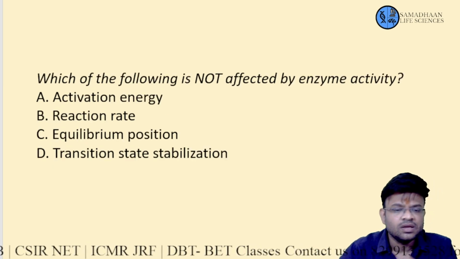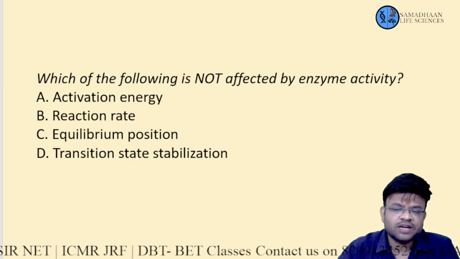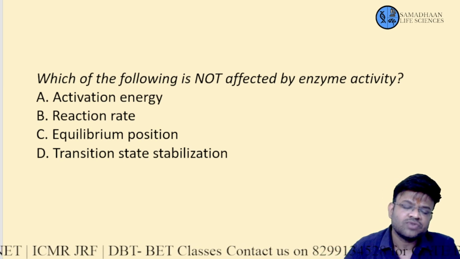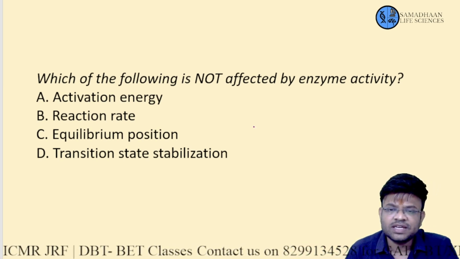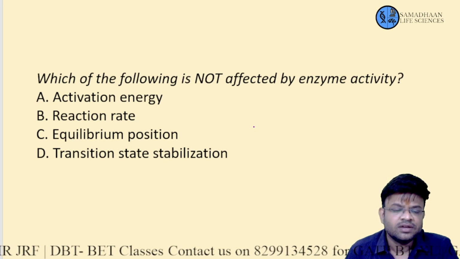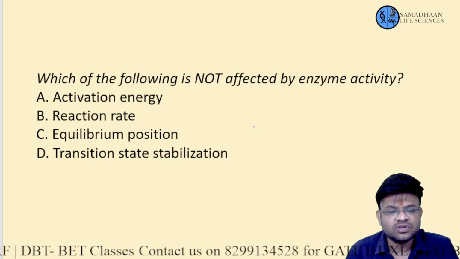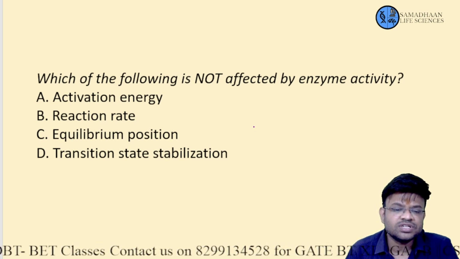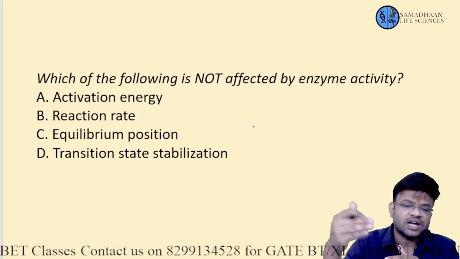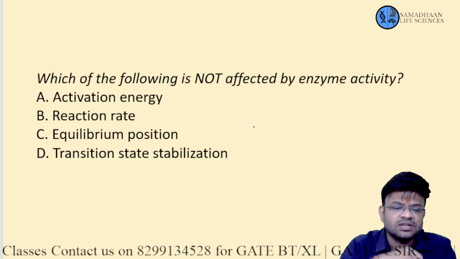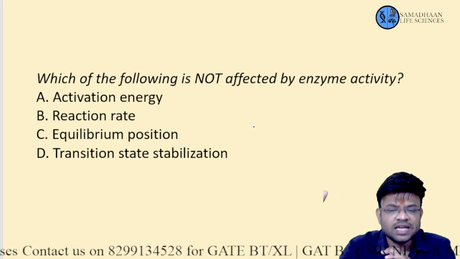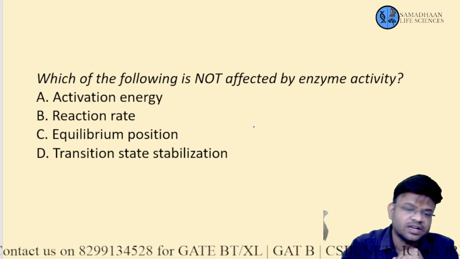Now, which one of the following is not affected by enzyme activity? So activation energy is affected by the enzyme activity. Yes. Reaction rate, yes, it is also affected. Equilibrium position and transition state stabilization, this is also affected by the enzyme activity. But which one is not affected?